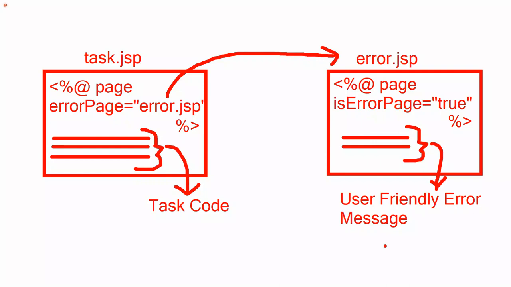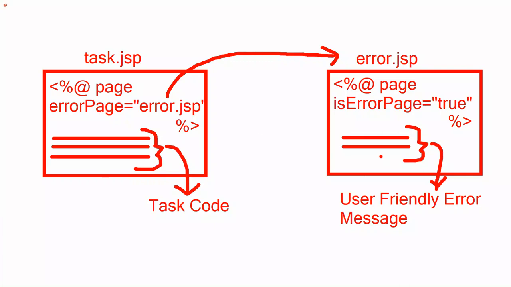So it is nothing but this program like a try block, that program like a catch block. Exception handling implicitly present. But if you want to write user-friendly error message, this concept you have to apply in JSP. So this program like a try block, that program like a catch block. Try block executed. Whenever exception occurs, control jumps to catch block, that type.